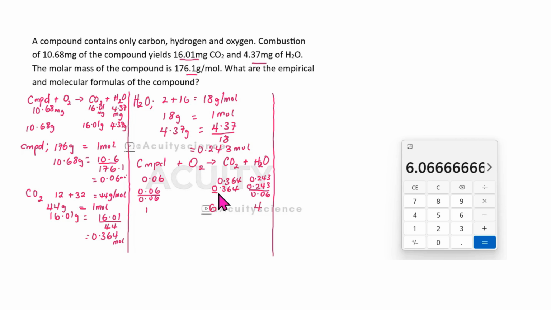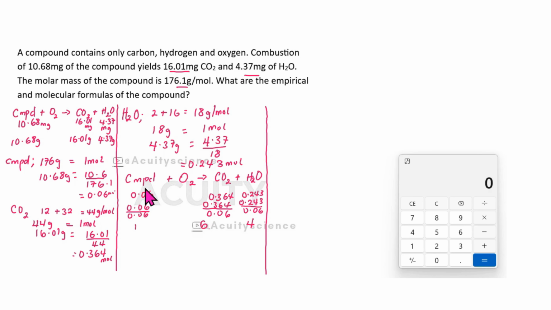This means that 1 mole of this compound was able to produce 6 moles of carbon dioxide. In 6 moles of carbon dioxide, we have 6 atoms of carbon, so this compound originally has 6 atoms of carbon in it. It also produced 4 moles of water, each mole having 2 atoms of hydrogen, so definitely there were 8 atoms of hydrogen in this compound.